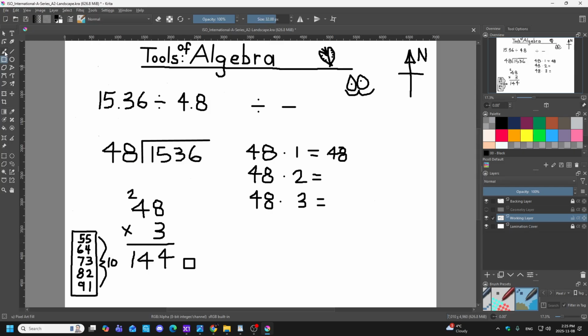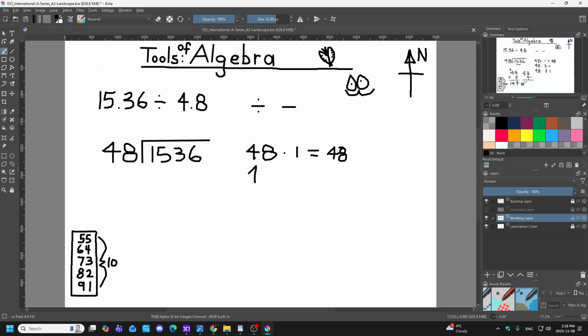We are super close to the number 153 without going over. This is perfect. If we add another 48, or go 48 times 4, we are definitely going to be greater than 153. We don't want that. 144.